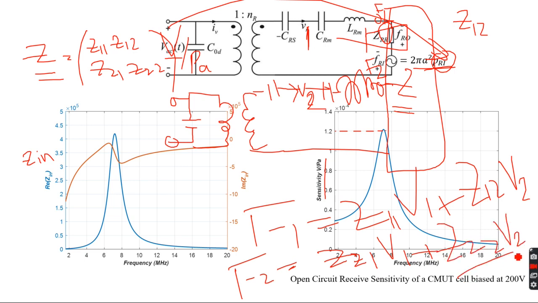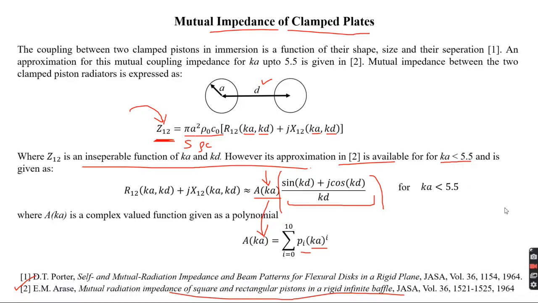Z22 is the cell's own radiation resistance, which the cell sees due to the loading of its membrane by the radiation medium over it, right? But you have to include the effect of the mutual crosstalk as well, and that gives some very strange or peculiar effects in arrays, which we are going to look at briefly.